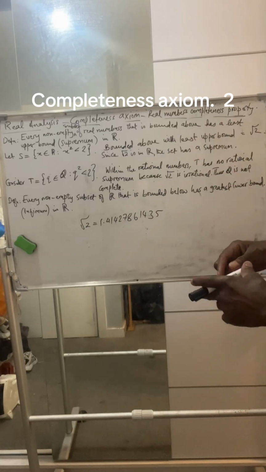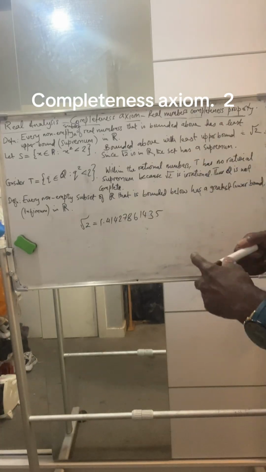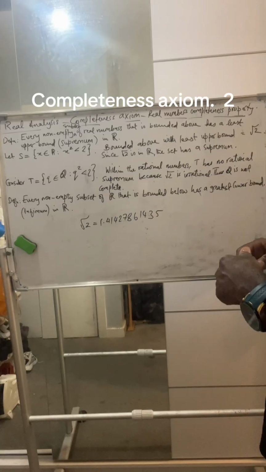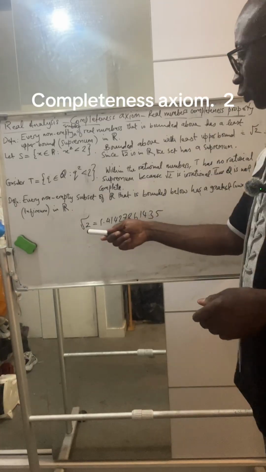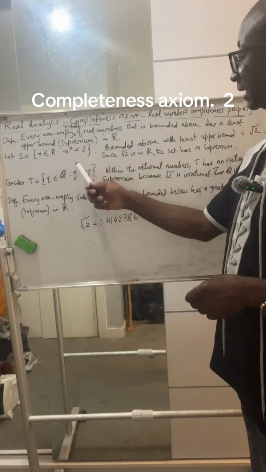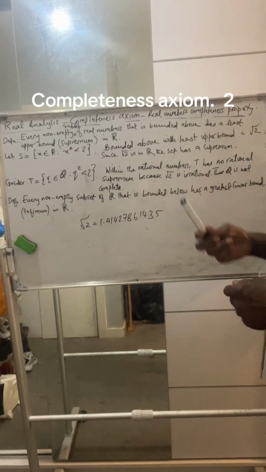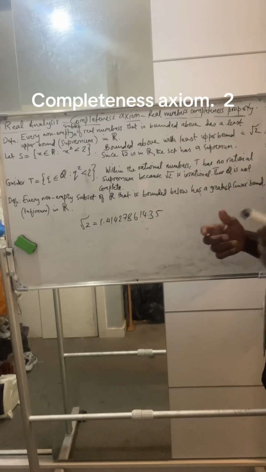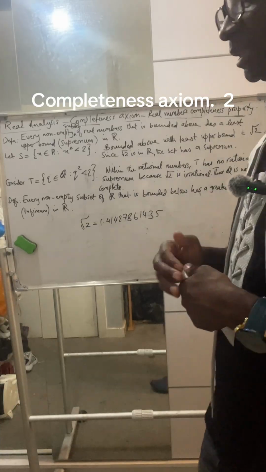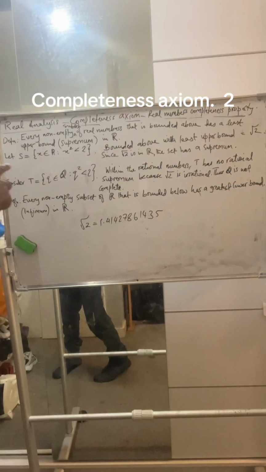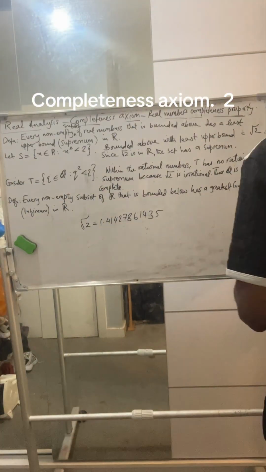So yes, it is bounded above. And the value is root 2. Why? Because root 2 is in the real numbers. Therefore, the set has a supremum because it is bounded above. The question was, does this set have a supremum? That was the question I should have asked. Right?